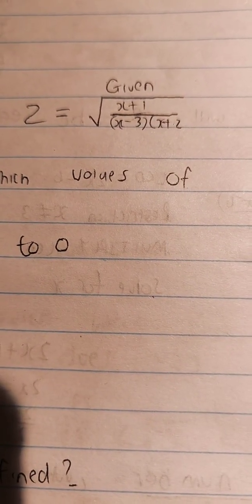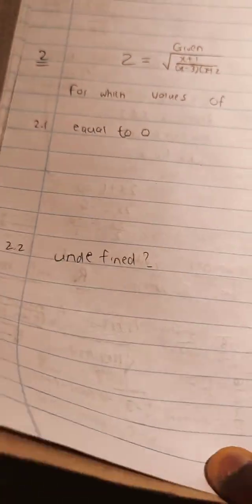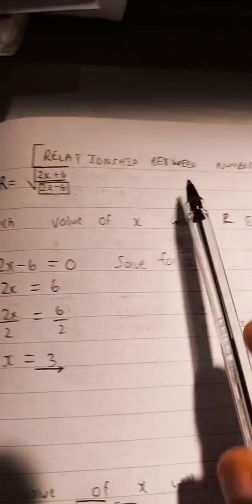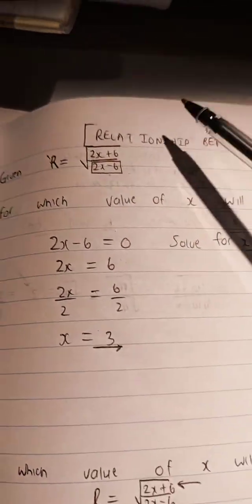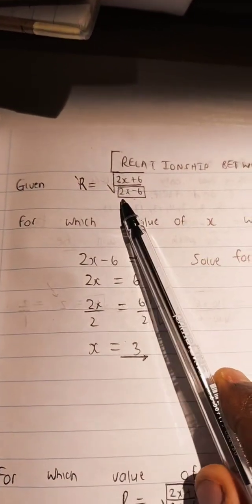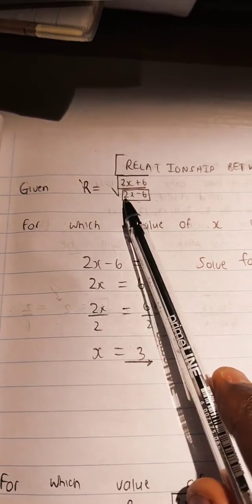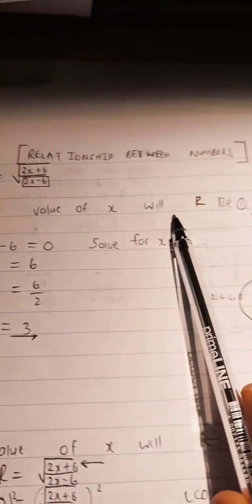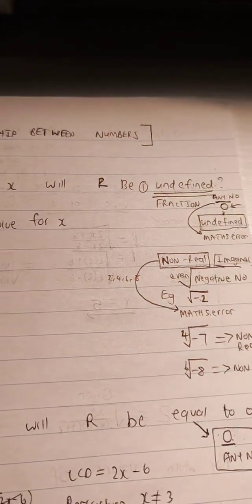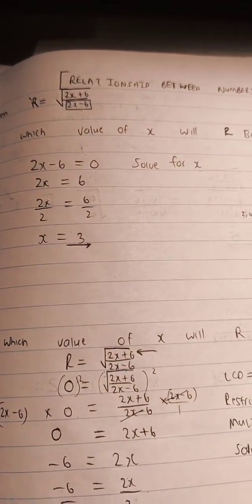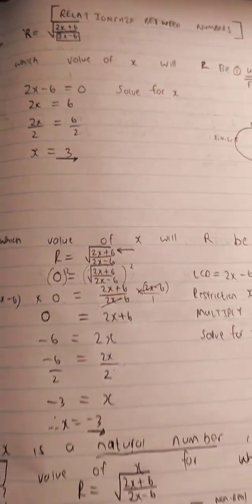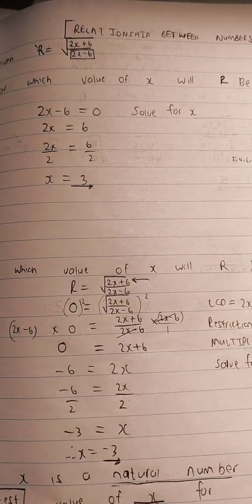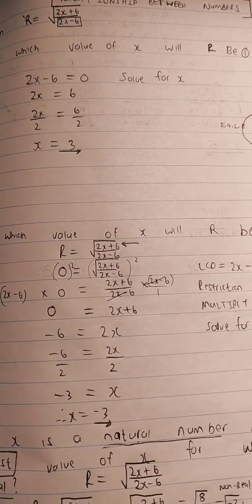And then we jumped into looking at relationships between numbers, and specifically looked at questions such as this, where you are given an expression with a radical, and then they ask you for which value of x will r be undefined and non-real.